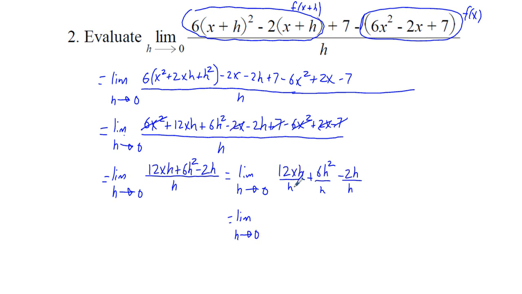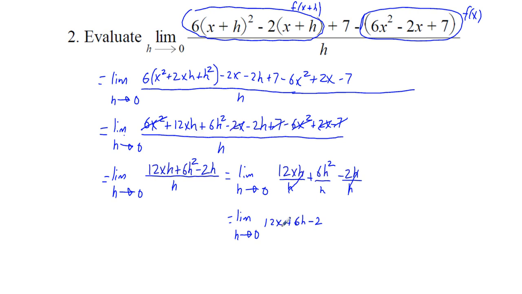of h over h cancel each other, so we get 12x. We're going to have 6h squared over h, so we're going to end up with plus 6h, and then we're going to have h over h cancel each other, so we're going to have minus 2.